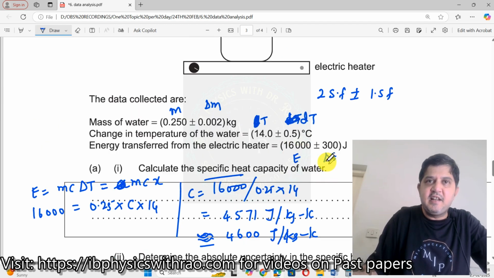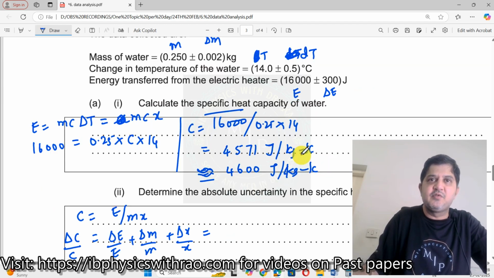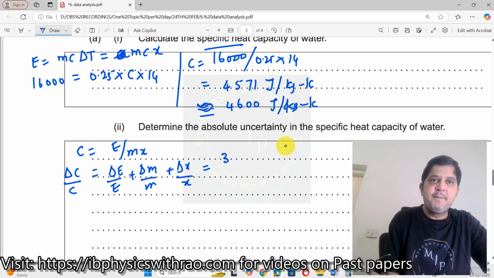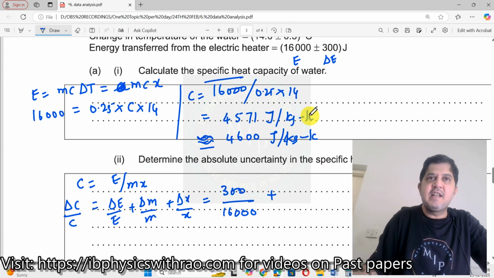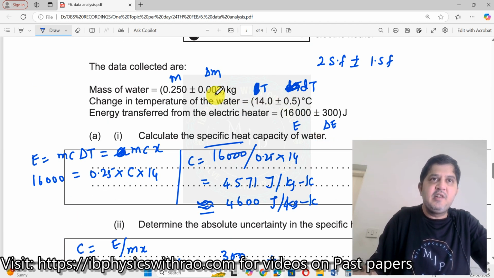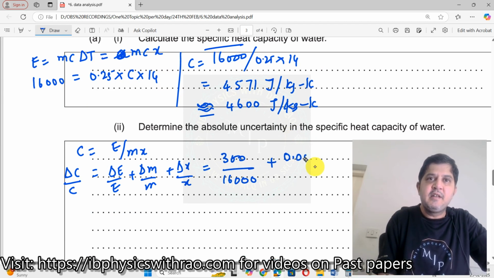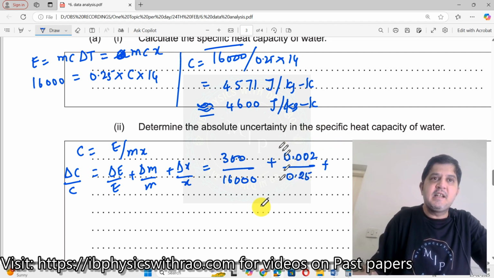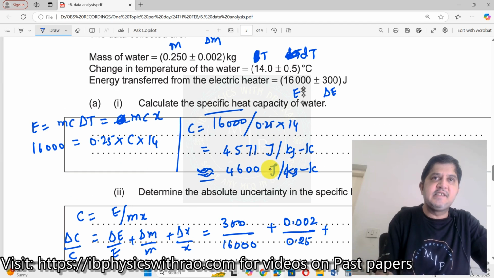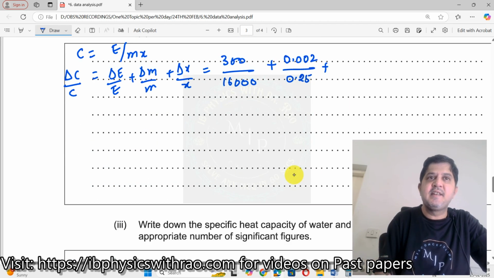Delta E is 300, and E is 16,000, so 300 divided by 16,000, plus delta M, which is 0.002, divided by 0.25, plus delta X. X is temperature, so delta X here is 0.5 divided by 14.